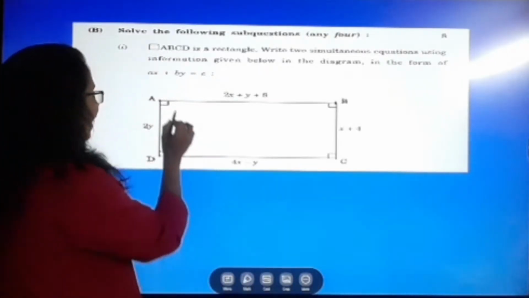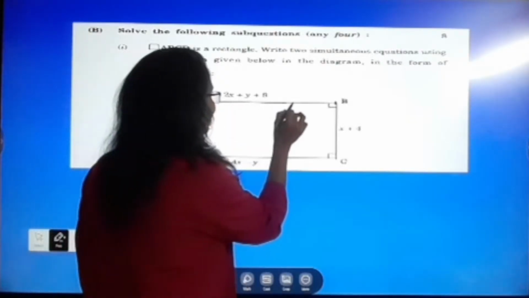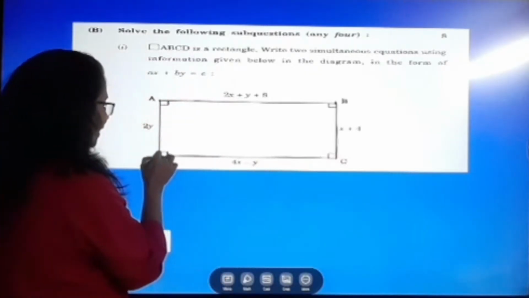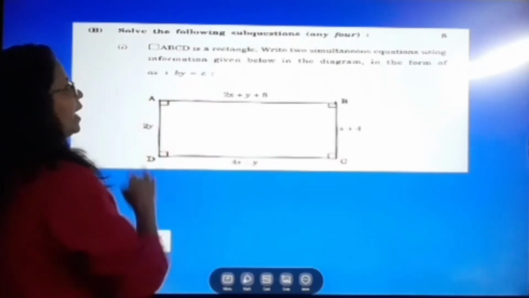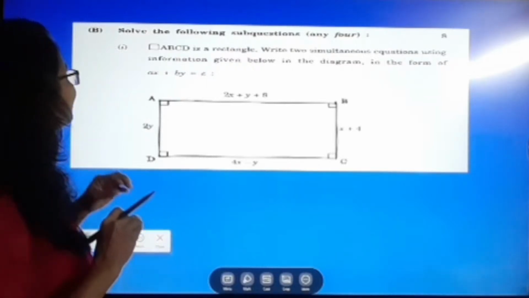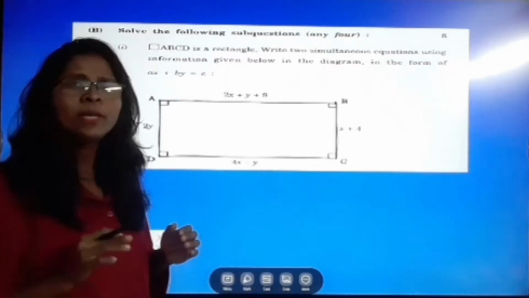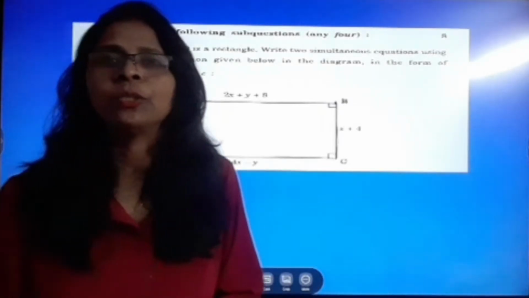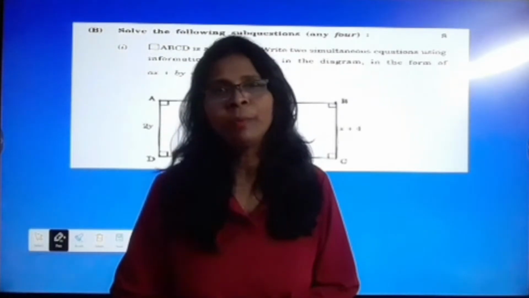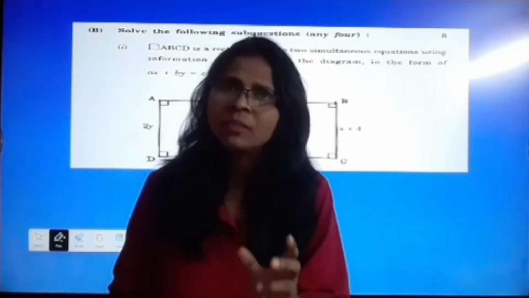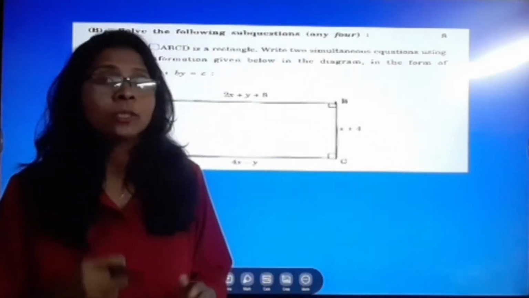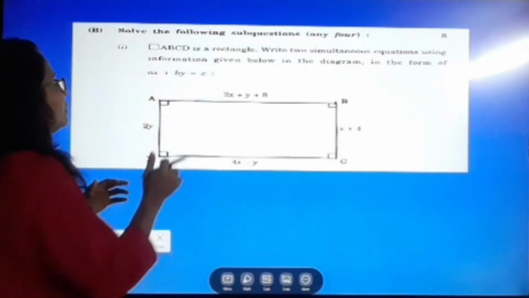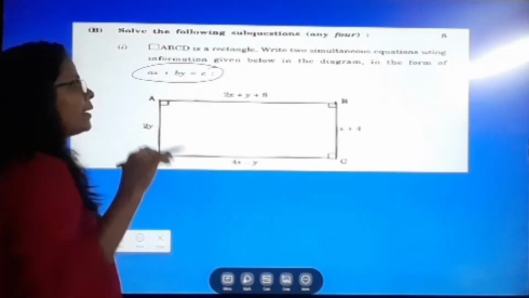Okay, so ABCD is a rectangle, and here the example wants that you form the equation, and that equation should be in the form ax plus by plus c is equal to 0. ओके, एक्झाम्पलची डिमांड काय आहे ती समजून घ्या. पहिल्यांदा तुम्हाला एक्झाम्पल मध्ये काय सांगितलंय, तुम्ही तयार करा.